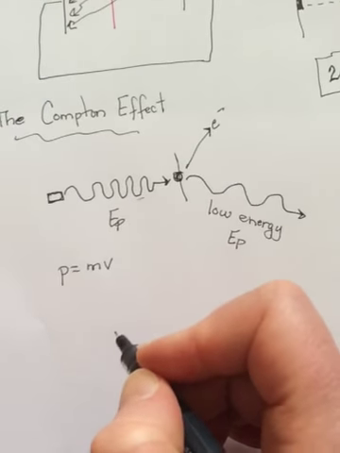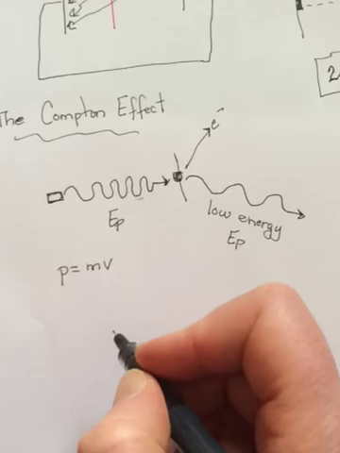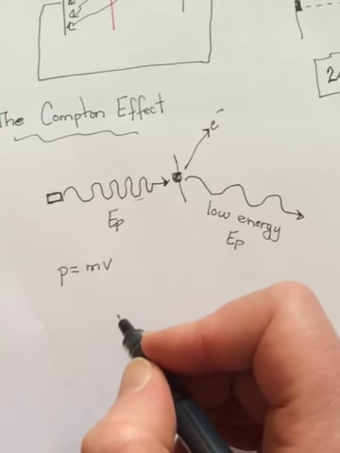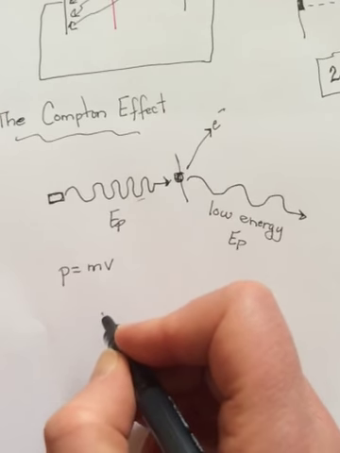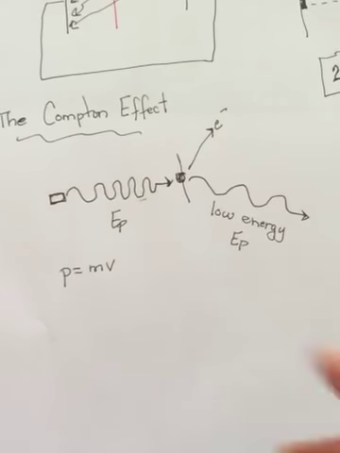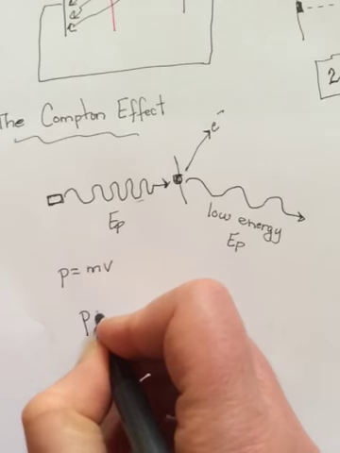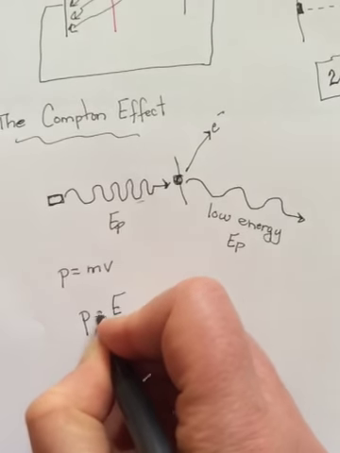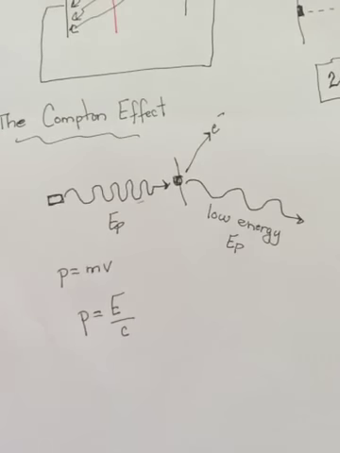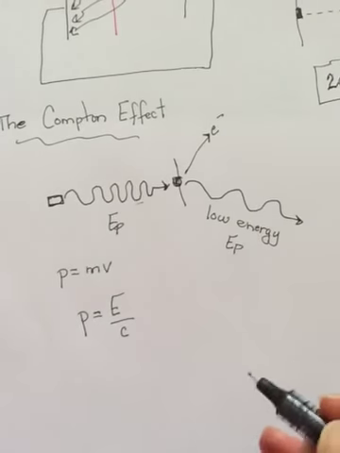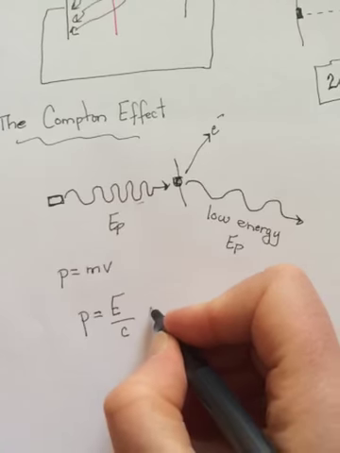But what happened here was we had to come up with an equation for the momentum of a photon. And so we define the momentum of a photon to be its energy divided by the speed of light. Okay, we define. That means we didn't discover it, we defined it.